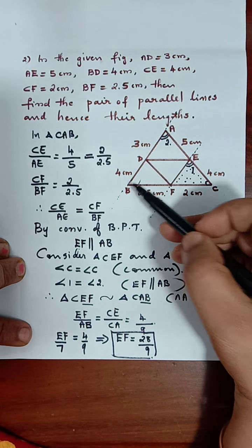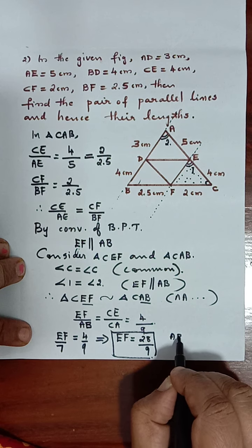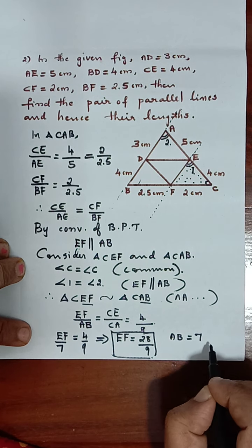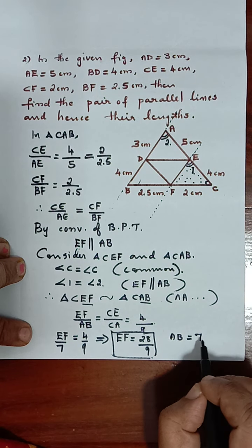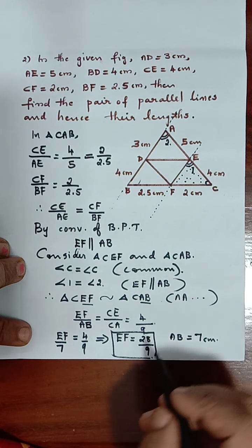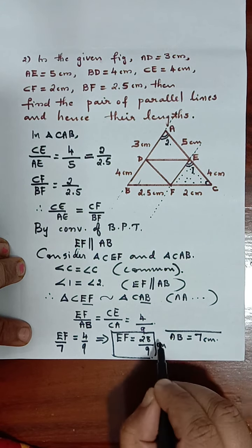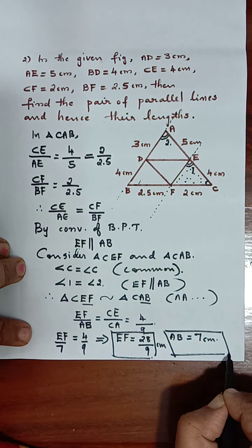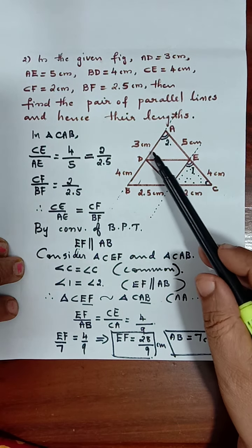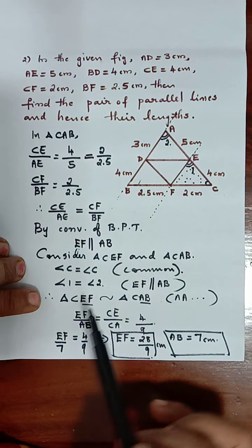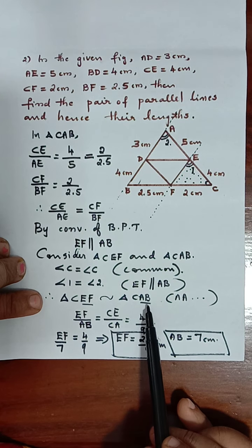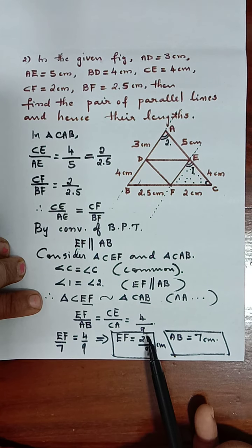And the AB value we know. AB is equal to 3 plus 4, it is 7 centimeter we can write. It is given in centimeters, so 28 by 9 also comes in centimeters. These are our answers. That is, we are proving the similarity of these two triangles. Since the two triangles are similar, we can say sides are proportional.